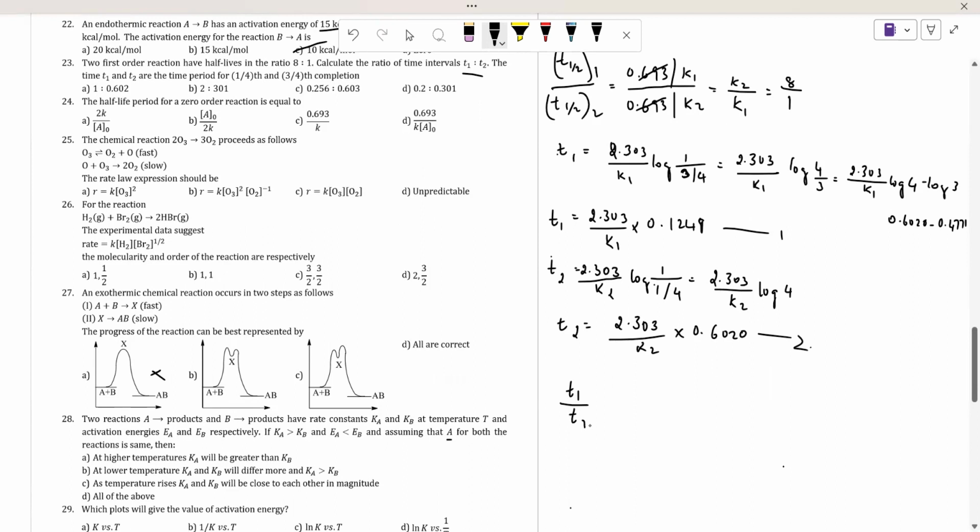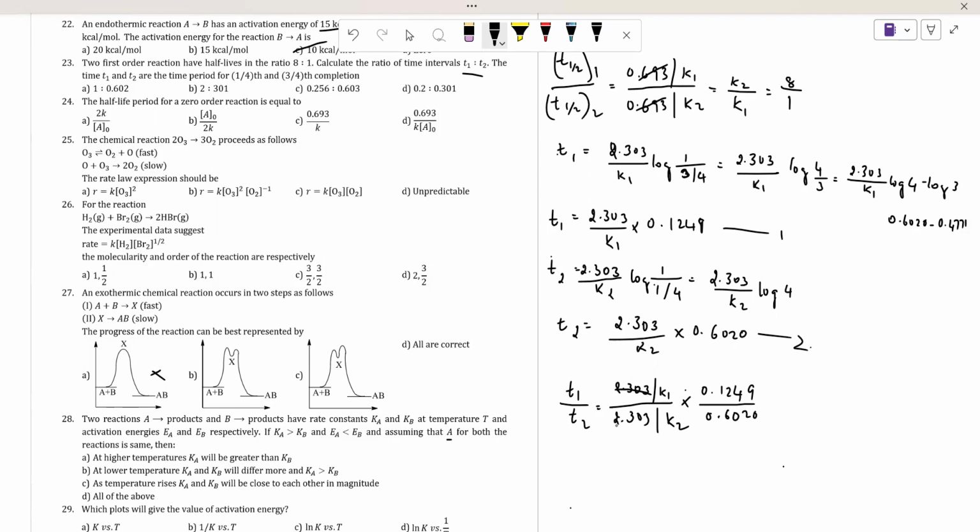T1 by T2 is equal to 2.303 by K1 divided by 2.303 by K2, multiplied by 0.1249 divided by 0.6020.